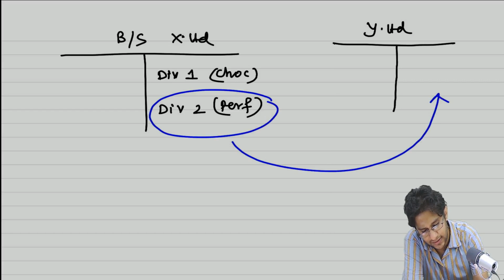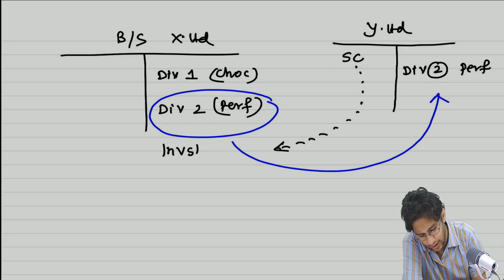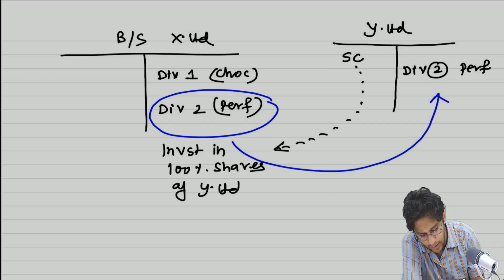So all the net assets disappeared here and they are coming here. Y Limited is a newly formed company, no? Y Limited issued shares to X Limited. So X Limited is now having investment in 100% shares of Y Limited.